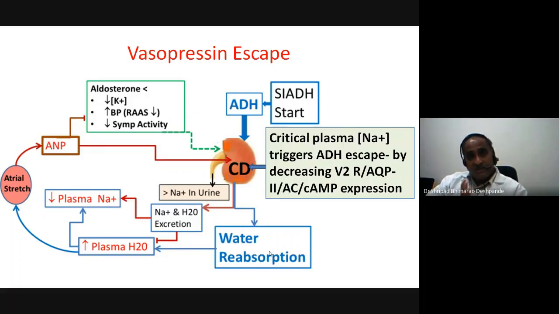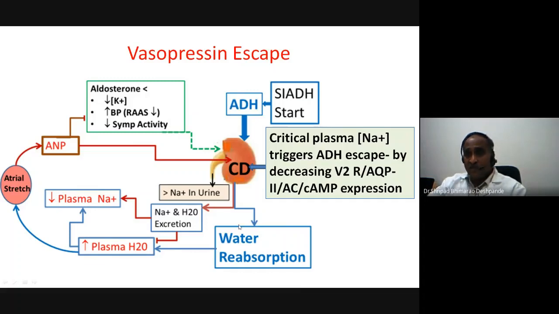The osmotic concentration of the medullary interstitium is a determining factor for water reabsorption. Water is reabsorbed, and once the water is reabsorbed, it enters the plasma, and the plasma water increases relatively, and once the plasma water is increased, the plasma sodium concentration falls.